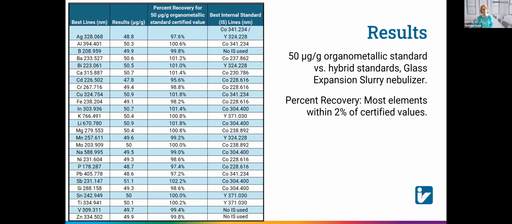And you'll see in more detail, as you look at these, most of the elements were within 2% of their certified values when we tested this multi-element organometallic blend that was certified at 50 micrograms per gram.